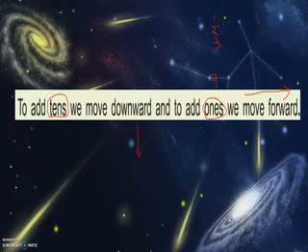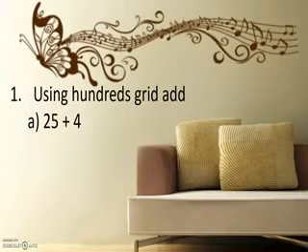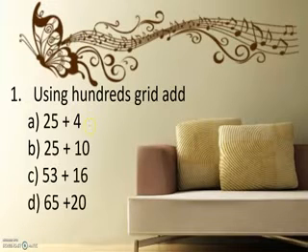Okay. Now we will see some more examples. Using the hundreds grid, we have to add 25 plus 4, which means we have to add 4 to 25. We all know that 4 is a ones number, which means 4 ones. So we have to add a ones number to 25.